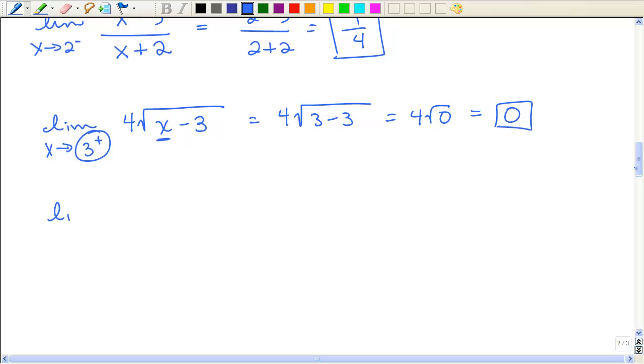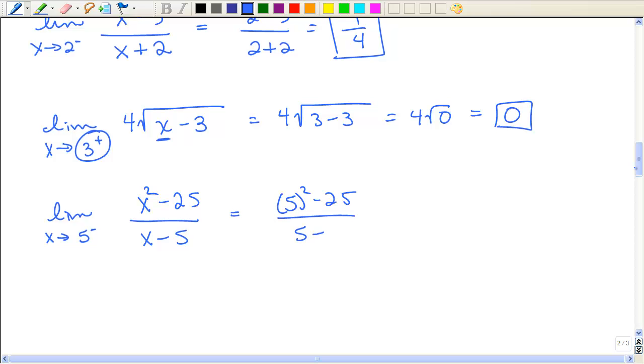Let's say I have the limit as x approaches 5 from the left, and I have x squared minus 25 over x minus 5. Well, let's see, if I just plug in my number, 5 squared minus 25 over 5 minus 5, I get 0 over 0, and that is that indeterminate form. So what can I do?